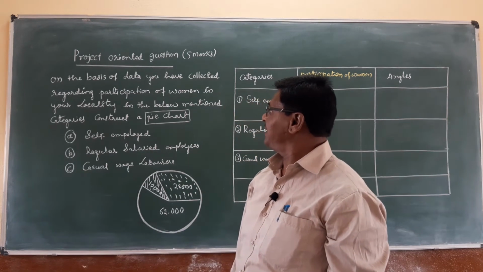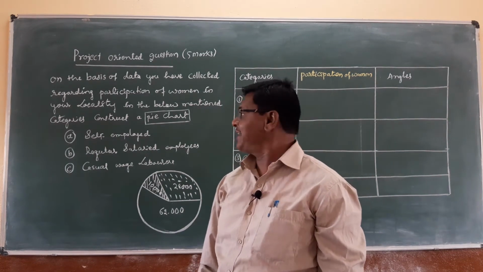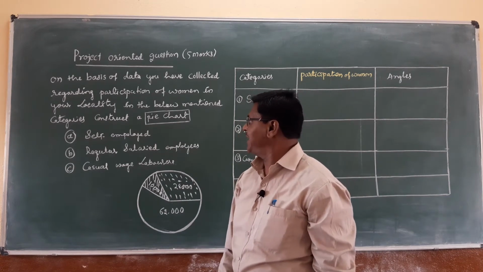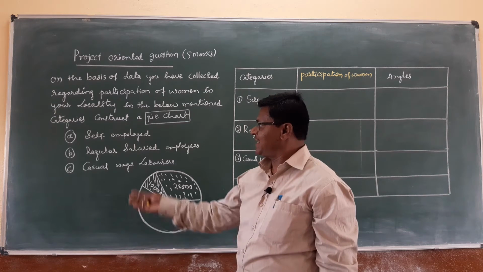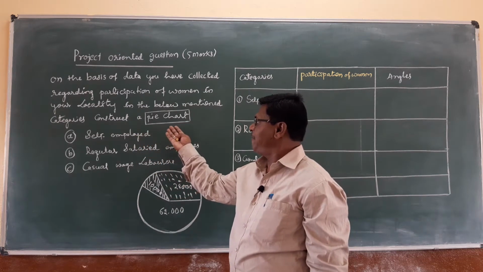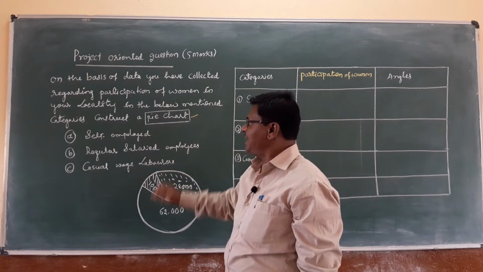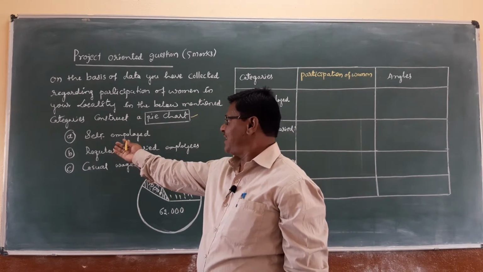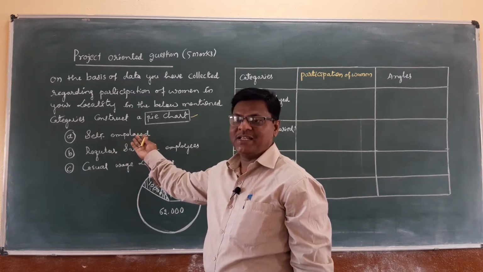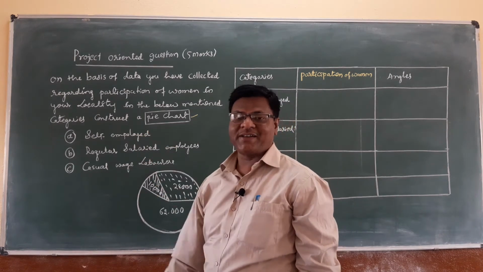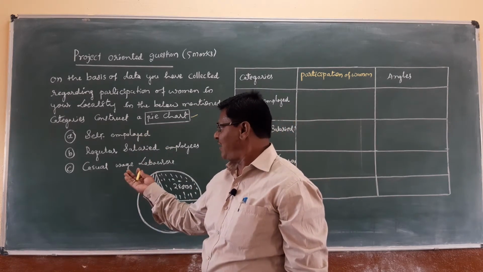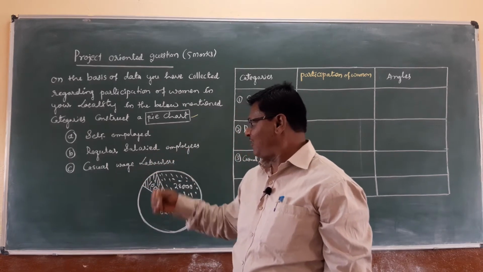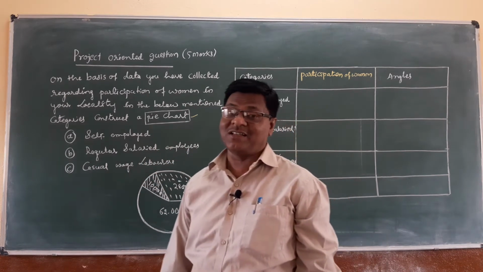On the basis of the data you have collected regarding the participation of women in your locality in the below mentioned categories, construct a pie chart. How many self-employed are there, how many regular salaried employees are there, and how many casual wage laborers are there.